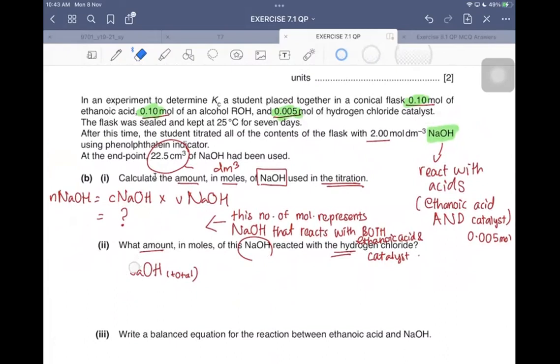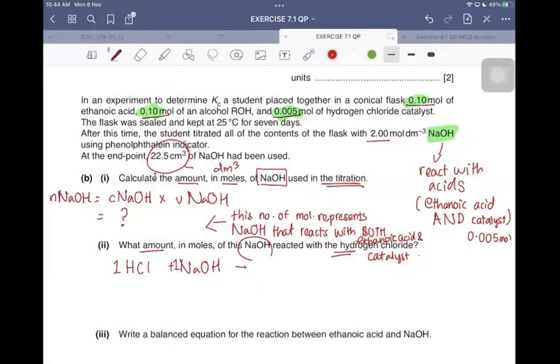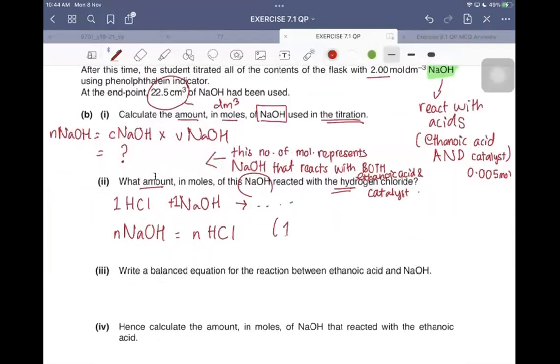Okay, so this one you would need to know the mole ratio because HCl reacted with sodium hydroxide in a 1:1 ratio. No need to write down the full equation because we know already. So if you know the number of moles of sodium hydroxide, the number of moles of hydrogen chloride catalyst will also be the same, because of 1:1 mole ratio.